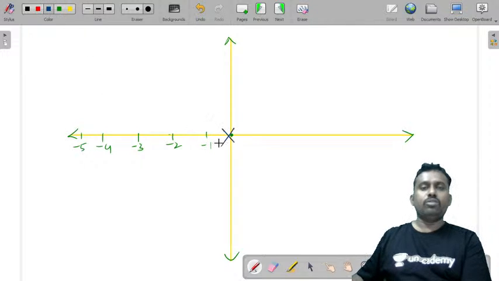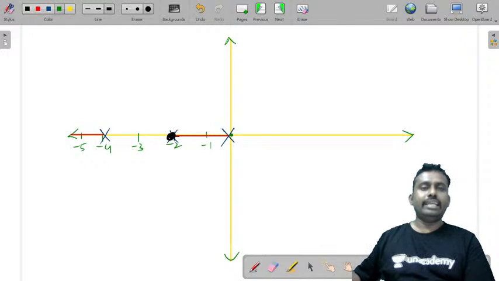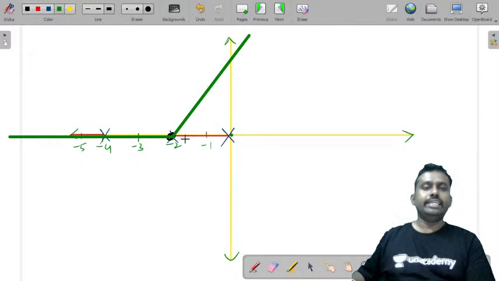We have poles at origin, -2 and -4, and we have found that root locus will exist between these, and this was the centroid. You need to draw three straight lines with three different angles. So I'm drawing three angles: let this angle be 60 degrees, this angle be 180 degrees, and this angle be 360 degrees.